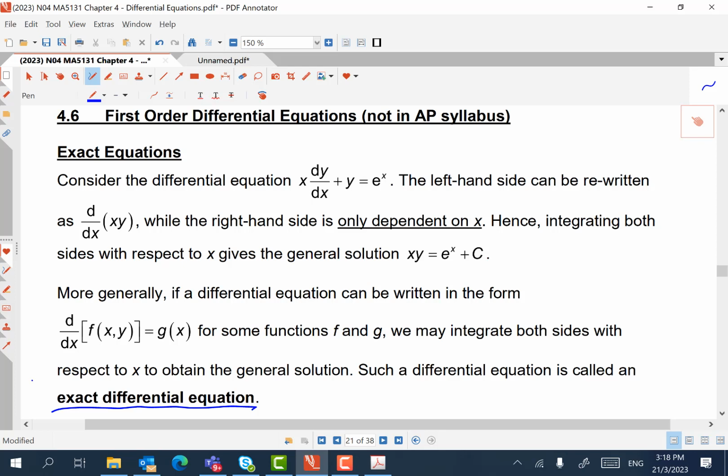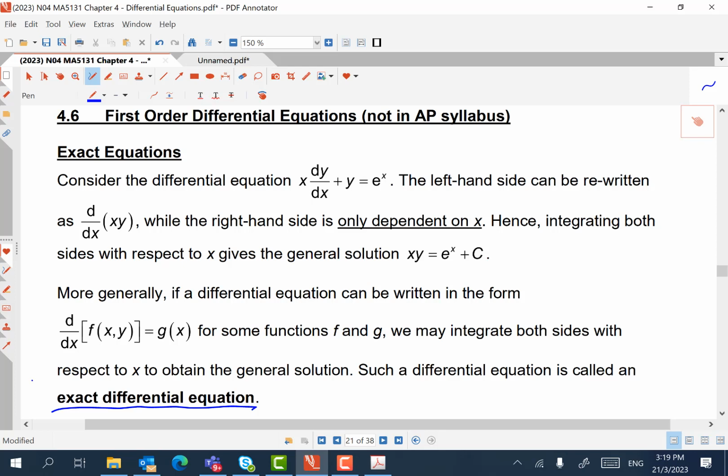Brandon. I remember him sitting there. Yeah. Why is it called an exact equation? Why do you think the term exact equation?